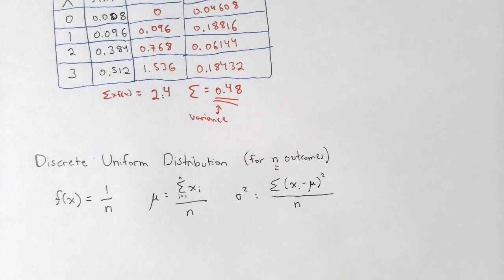In other words, for discrete uniform distribution, your number of outcomes is really what governs your mean and your standard deviation. Now, this is actually a very, very easy to study distribution. There are some special cases of this uniform distribution where you can calculate the mean and the variance using simplified formulas.